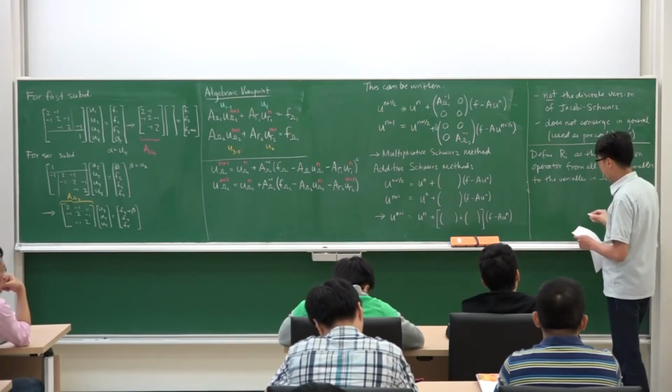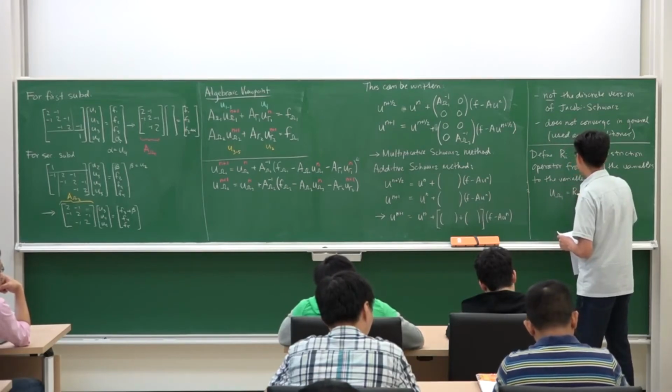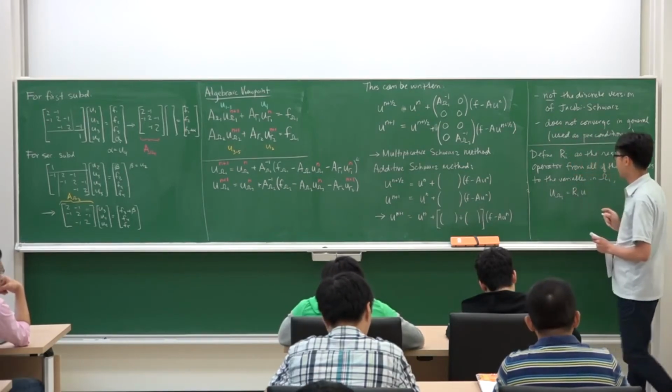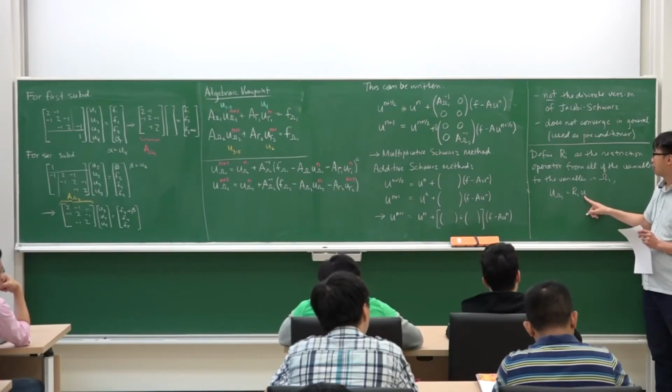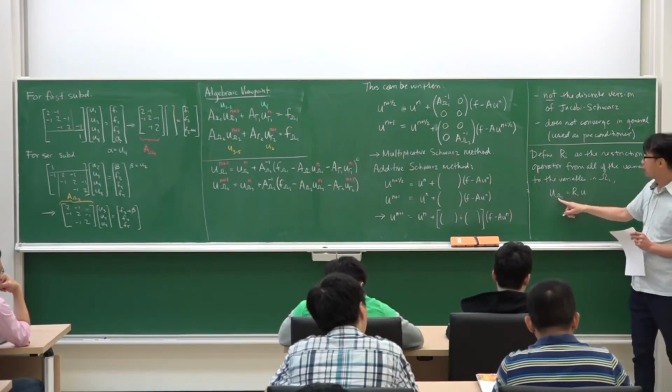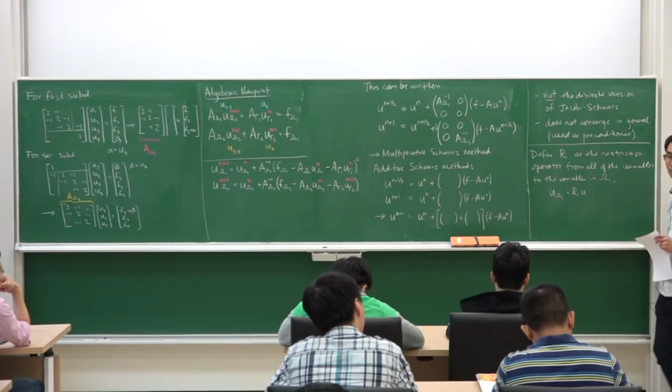In other words, u omega i is equal to Ri times u. Okay, so we have all of the variables, a long vector, apply the restriction operator, and we get a shorter vector only containing the variables in the ith subdomain.